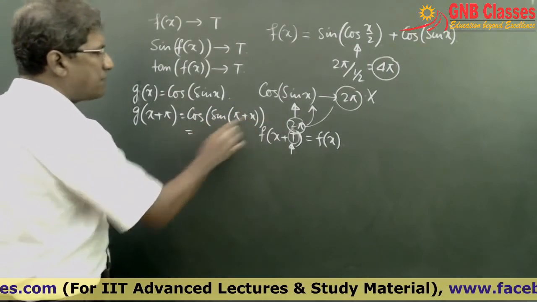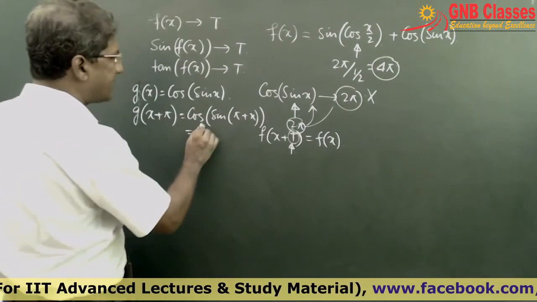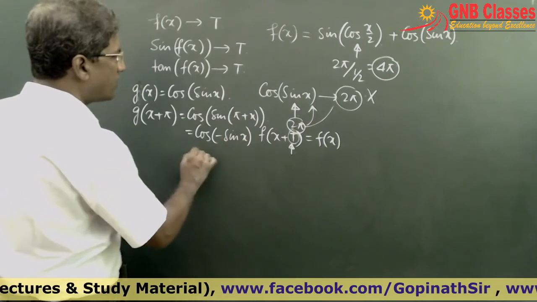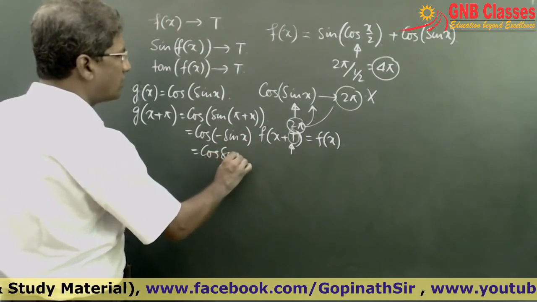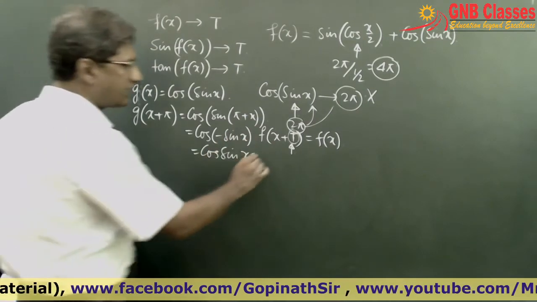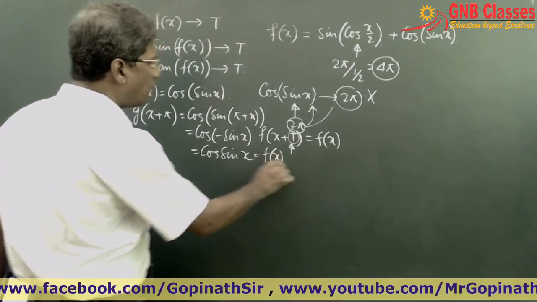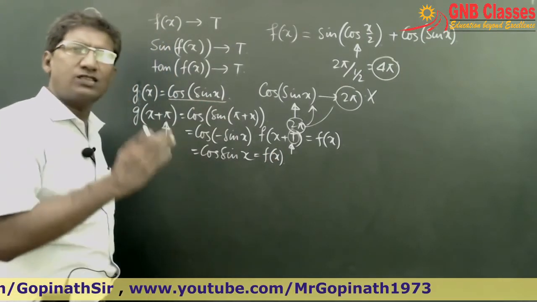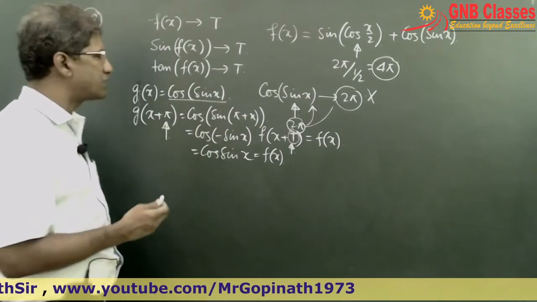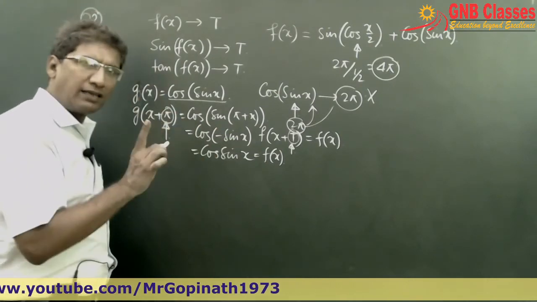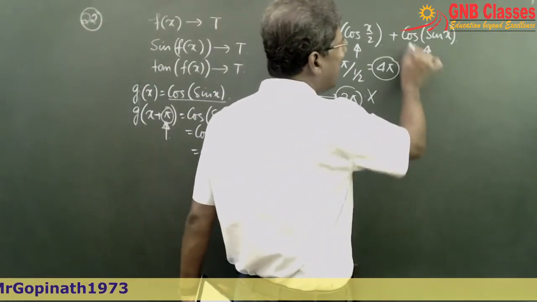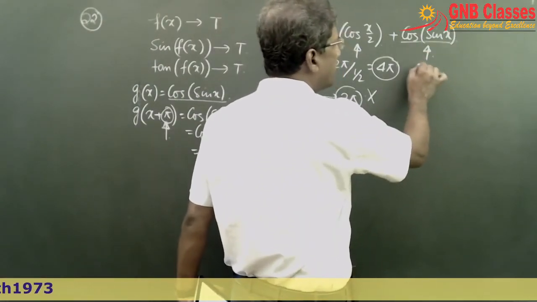Sine of pi plus x will give you minus sine x, but the cos will absorb this minus sign. So it will give you again cos of sine x. Am I correct? Which is nothing but your f of x. Therefore, the fundamental period of cos sine x, that is what we term as the period of that function, is nothing but pi.